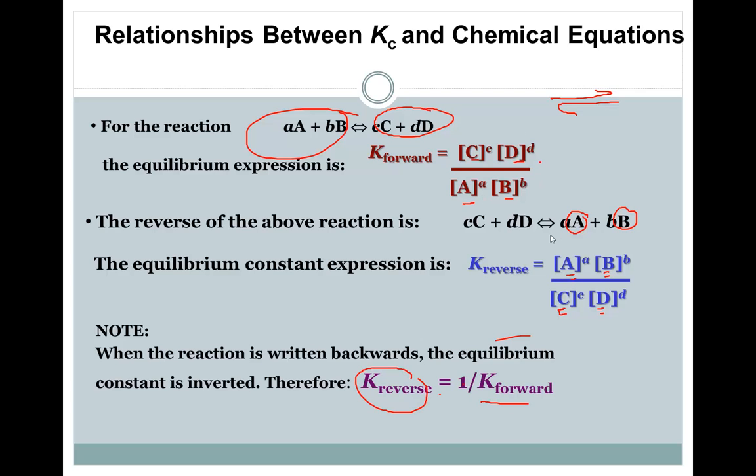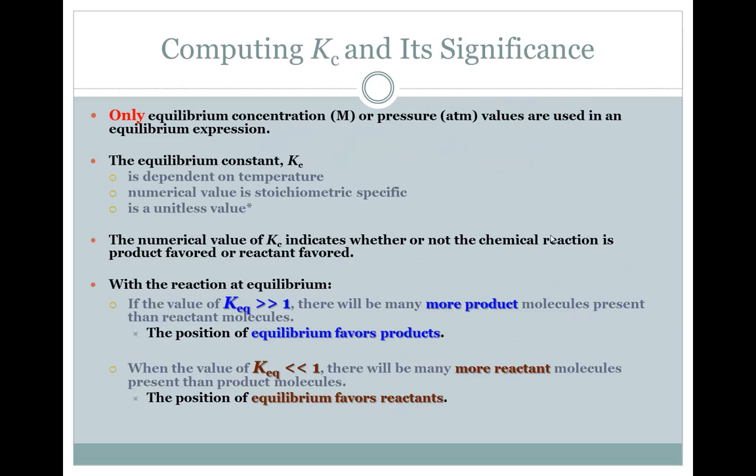Only equilibrium concentrations of molarity or pressure in ATMs values are used in an equilibrium expression. The equilibrium constant K of C is dependent on temperature, it is stoichiometry specific, and it is unitless.